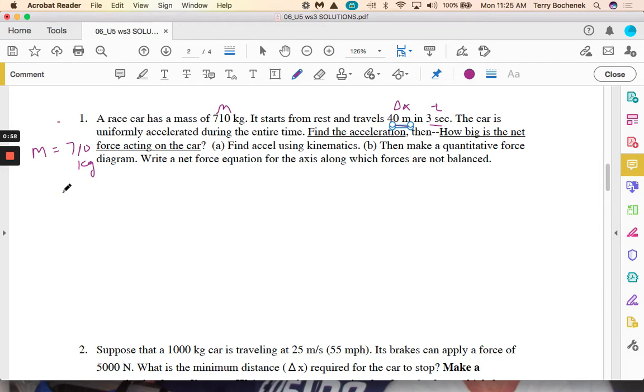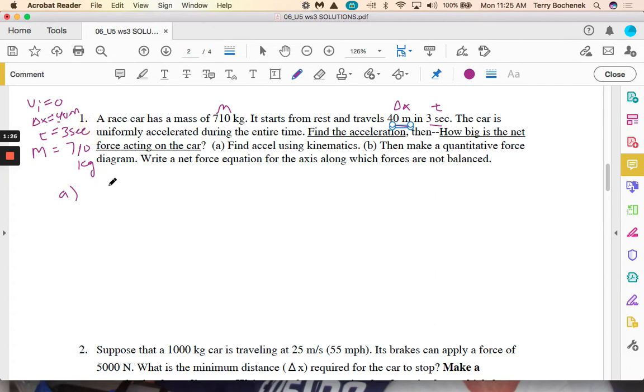So part A, using the kinematics to find the acceleration. What do we know? We know a delta x, and we know a time, and we know a v initial. So v initial is 0. Delta x is 40 meters, and t is 3 seconds.